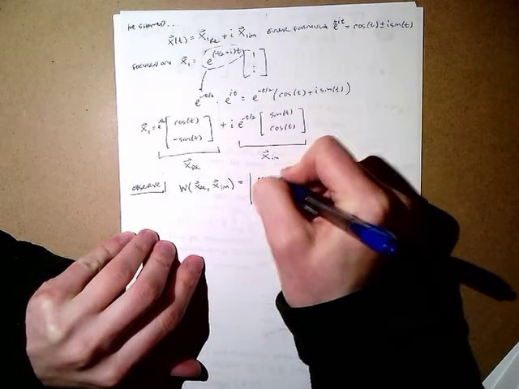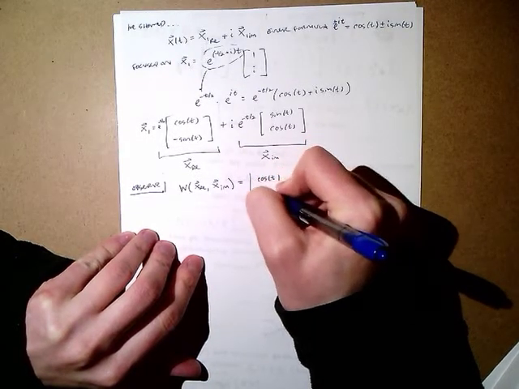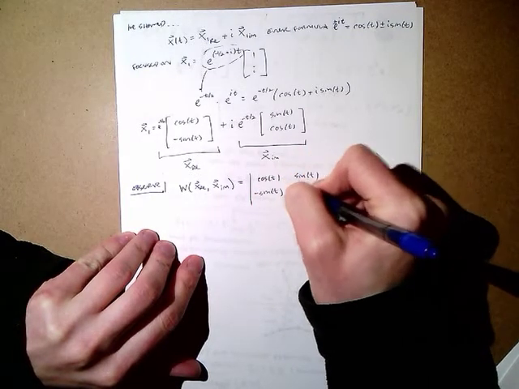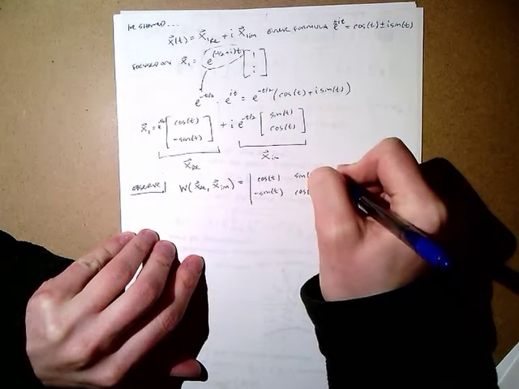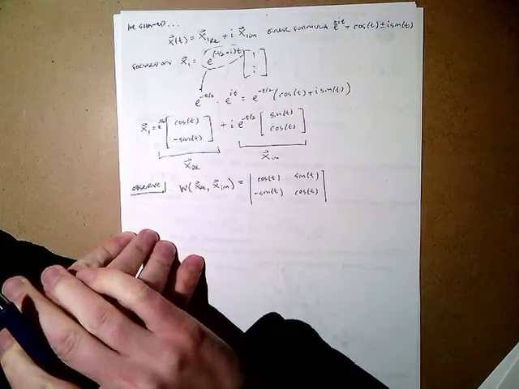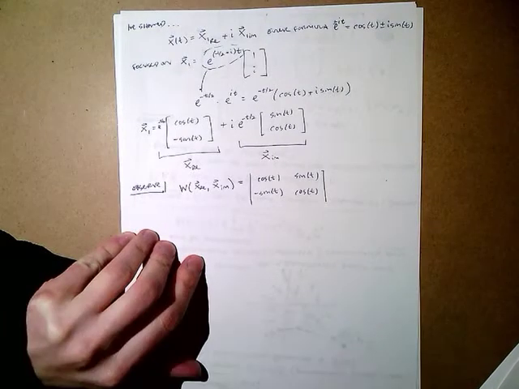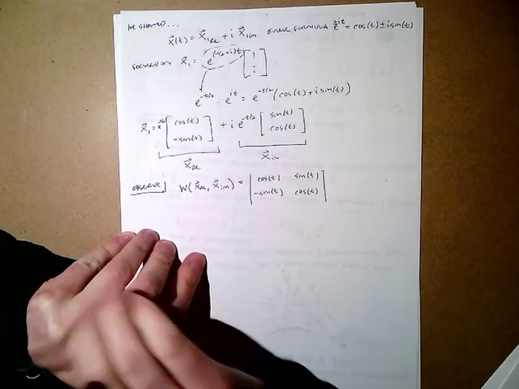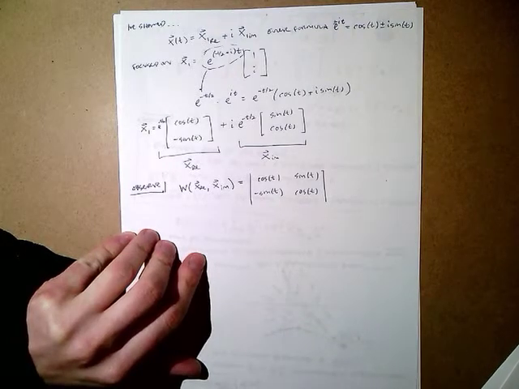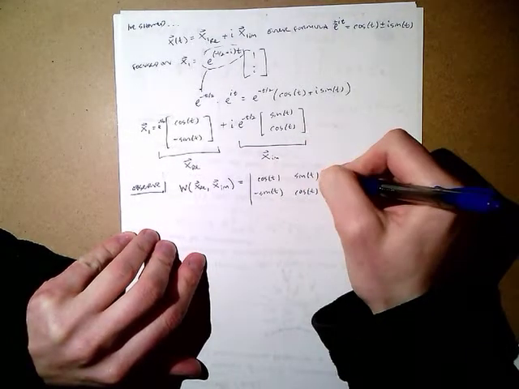So we get cosine t minus sine t, sine t, cosine t. Again, I'll omit the e to the negative t over 2. That's there, of course, but it's not really going to contribute much here.